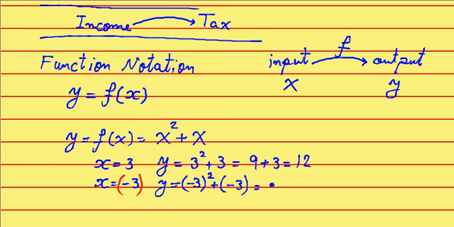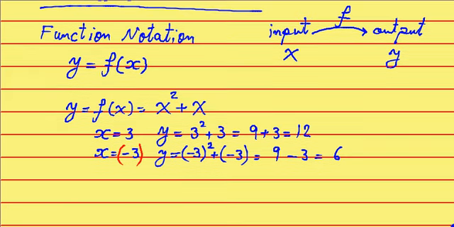Okay, what's on the right hand side? Minus 3 squared. We said all of these things so that you wouldn't think that this is minus 9. The other one is minus 3, and our answer becomes 6. Okay, so these activities that we went through are sometimes referred to as evaluation.